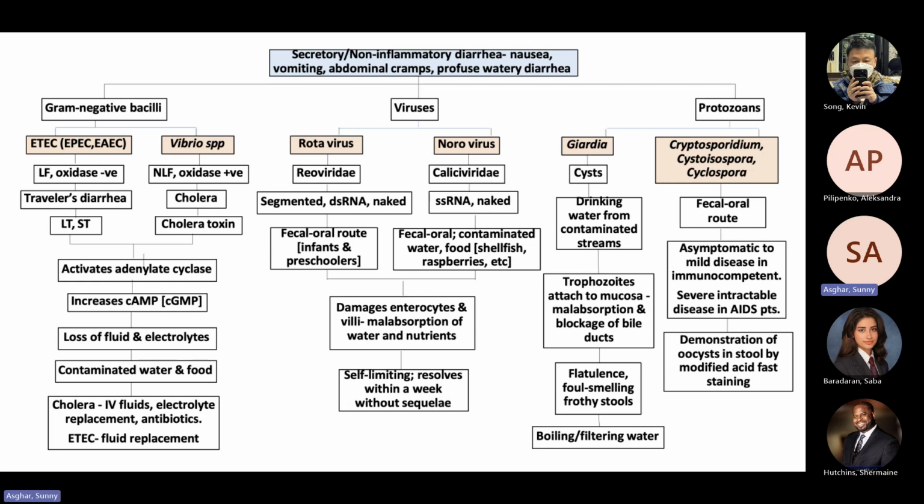This one is mostly asymptomatic, but if patients are immunocompromised, meaning they have a weakened immune system, then they are going to be more affected by these protozoans than those who have a stronger immune system. The way that we would find out is that we would see oocysts in stool.